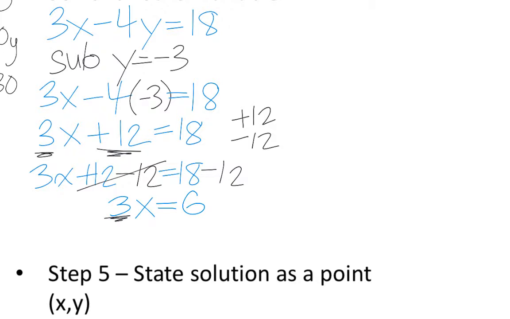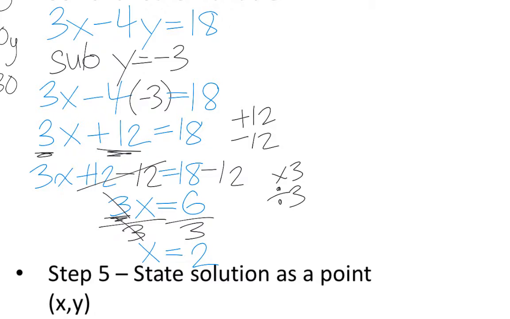Now, we want to isolate x, but x is stuck with this 3. When you have a number beside a variable with no operation, it is multiplication. So this is multiplied by 3. The opposite of multiply by 3 is divide by 3. Therefore, I'm going to divide both sides by 3. Those 3s cancel out. x stays the same, and 6 divided by 3 is 2.